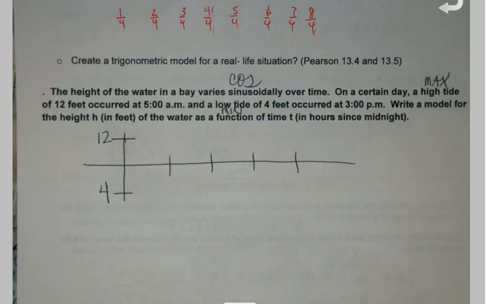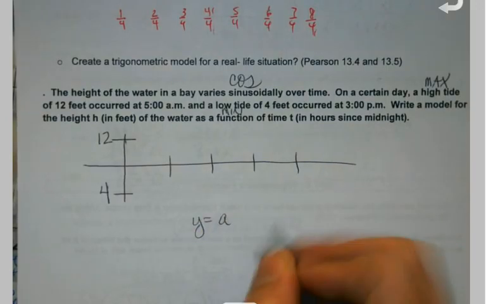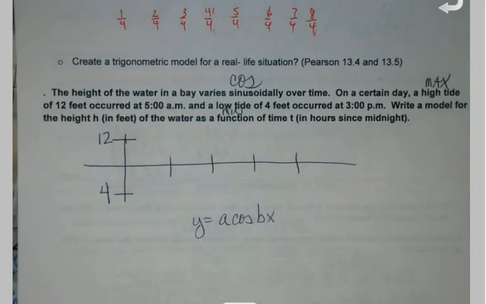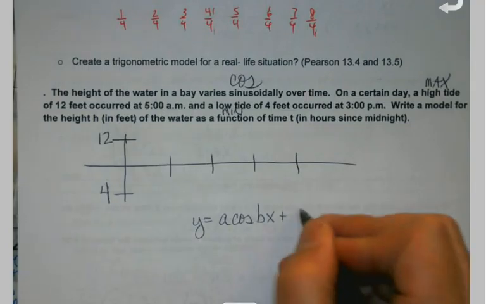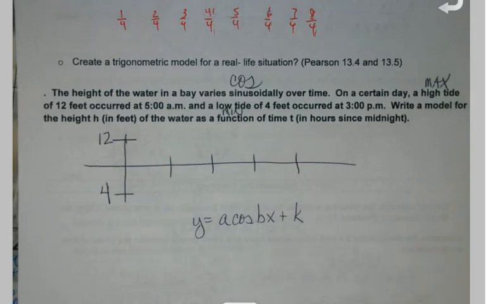Okay, you're like, well, what else am I going to need? I still need to know the amplitude. I still need to know if there's a b value. And now this k, or sometimes we'll say it as c, are my up and down shift. So here's how we're going to play with this.